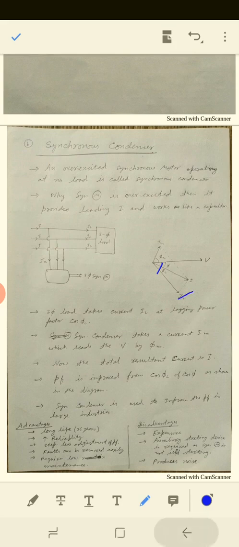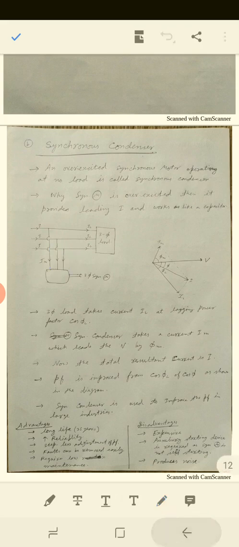If the synchronous motor is not connected, then the load current IL will make an angle phi 1 with respect to V. As we connect a synchronous motor, it takes a current Im. The current taken by the synchronous motor is Im.